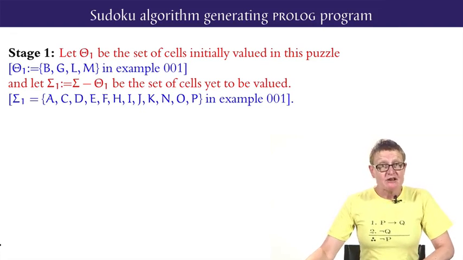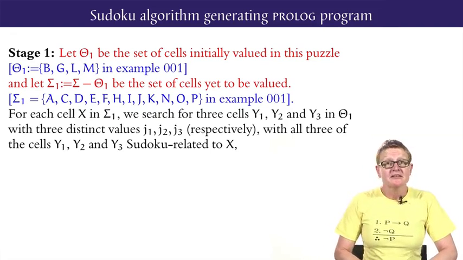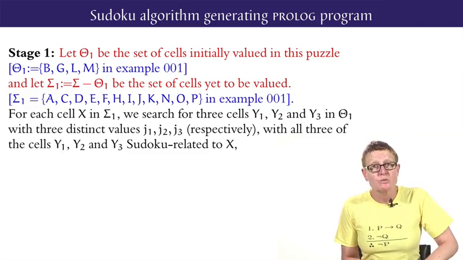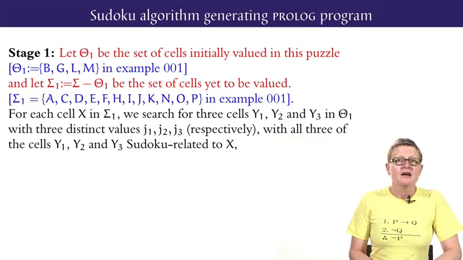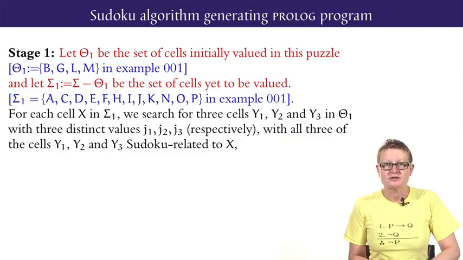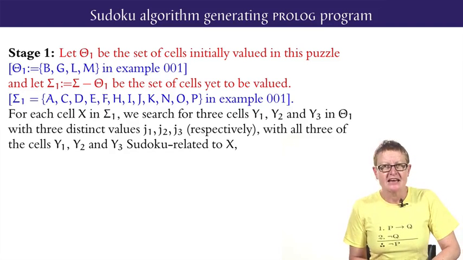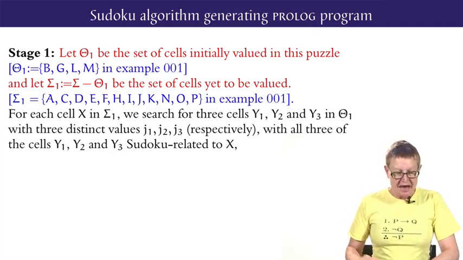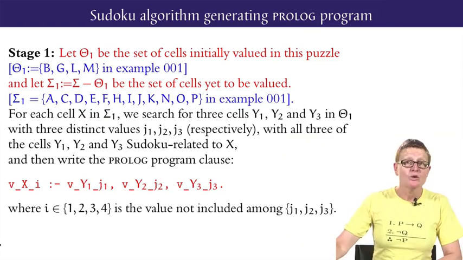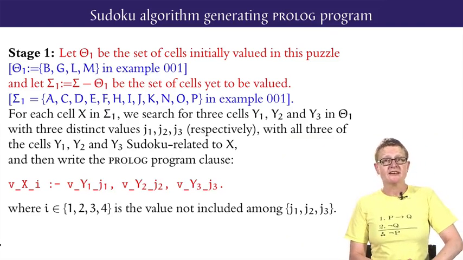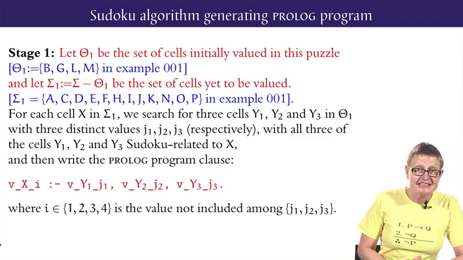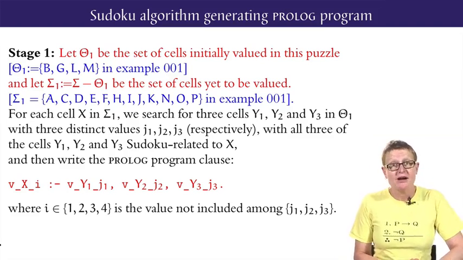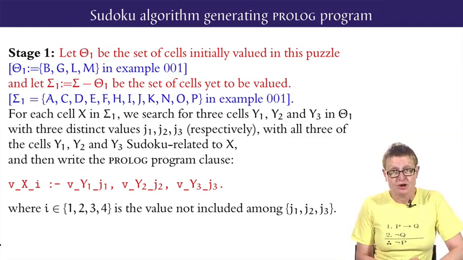For each of the cells X in sigma 1, the unvalued, we will search for 3 cells, Y1, Y2 and Y3 in theta 1 with 3 distinct values, J1, J2 and J3 respectively, with all 3 of these cells Sudoku related to X. Then we'll write down the PROLOG program clause, value of X is I if, :, value of Y1 is J1, comma, value of Y2 is J2, comma, value of Y3 is J3, full stop.